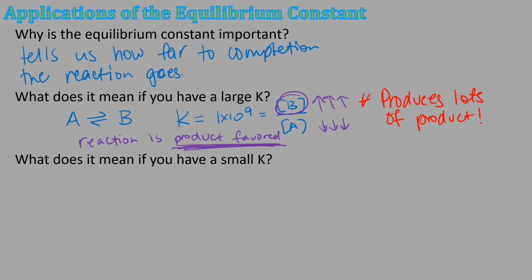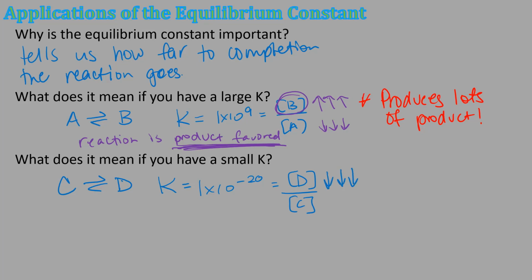Okay, and then what does it mean if you have a small K? Well, the same is true if we have a different reaction. If our K is 1 times 10 to the negative 20, which means it's 0.000 and so on, 19 zeros, then 1, which means that if it's D over C, the D product is very small.